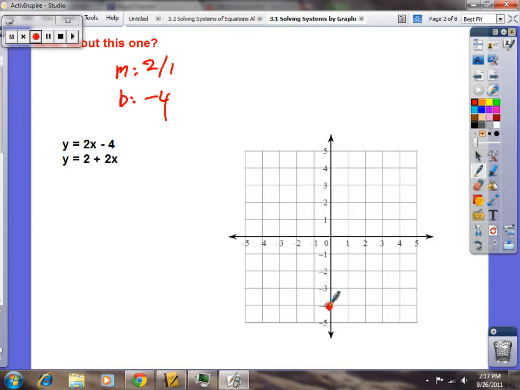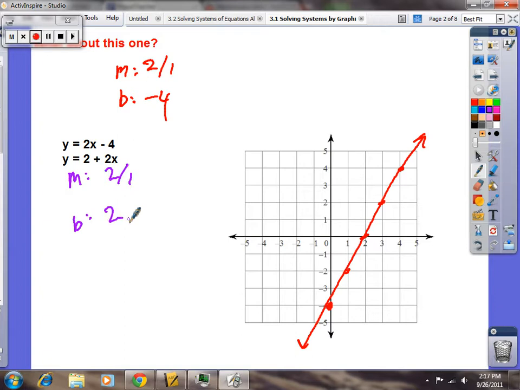Up 2 over 1, up 2 over 1, up 2 over 1. You've got a bunch of dots. Now let's do this bottom one. What is the slope and the y-intercept of this one? Slope is 2 over 1.